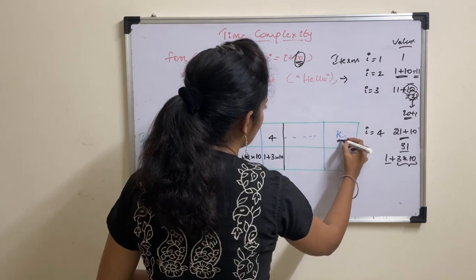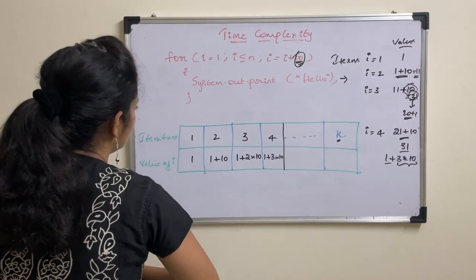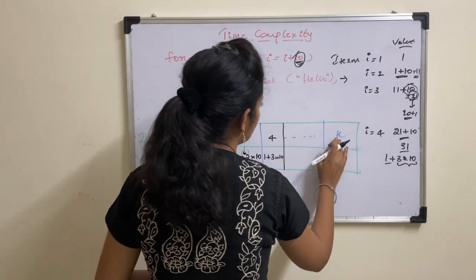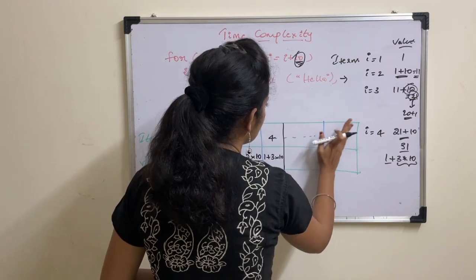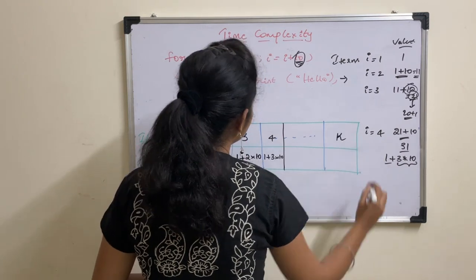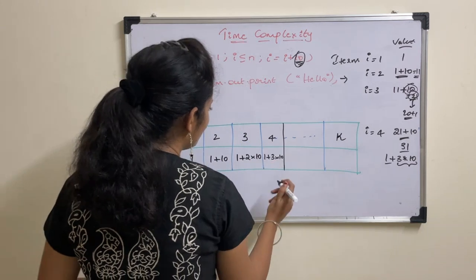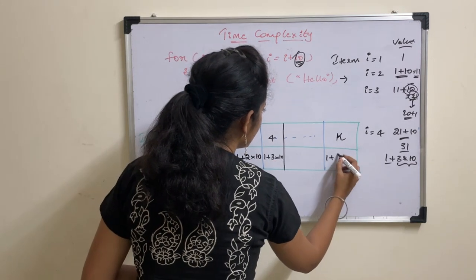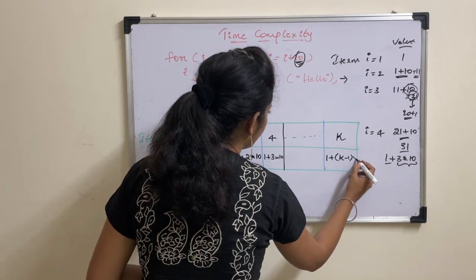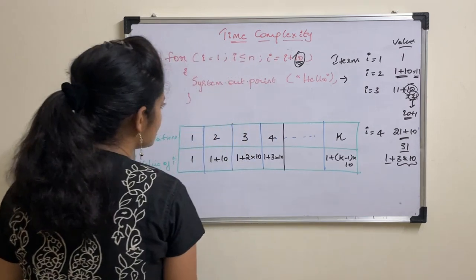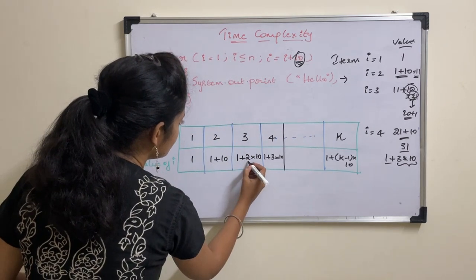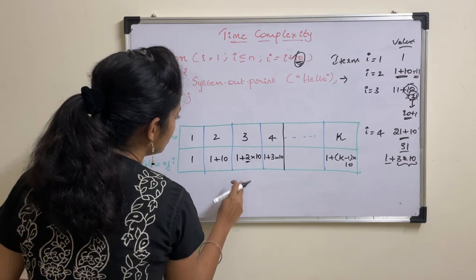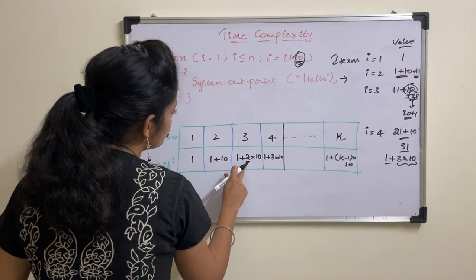And so on. For the kth iteration, it will be 1 plus k minus 1 into 10. Can we write it like this? Yes. If you observe, during third iteration, you wrote it as 2.